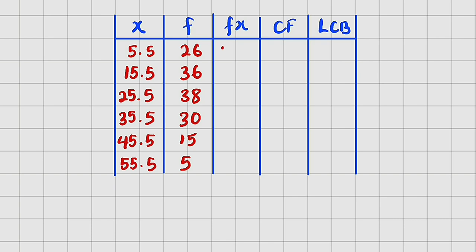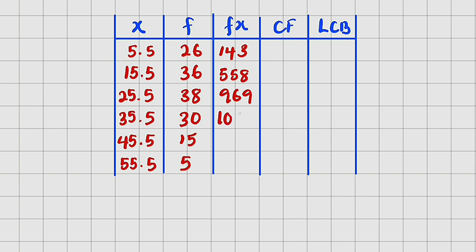That is exactly 143. Then you take this one, 15.5 multiplied by 36. That is 558. 25.5 we multiply by 38. That is 969. We take the next one, which is 35.5 multiplied by 30.